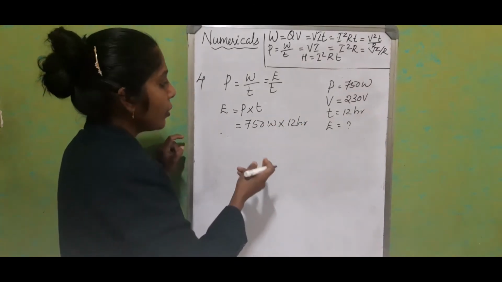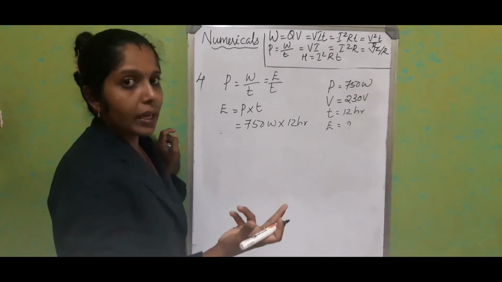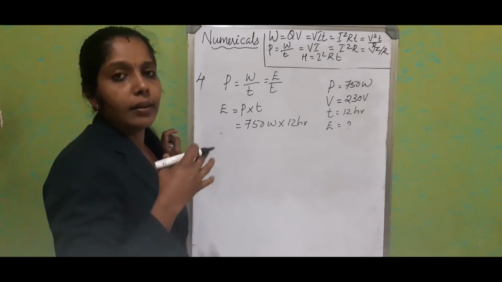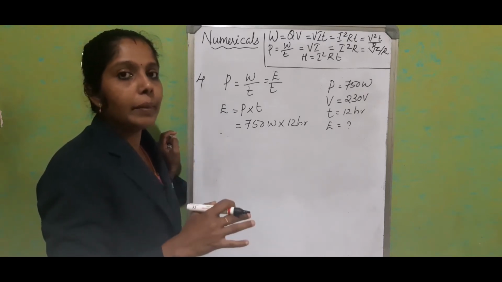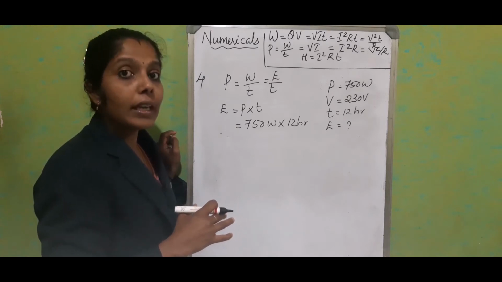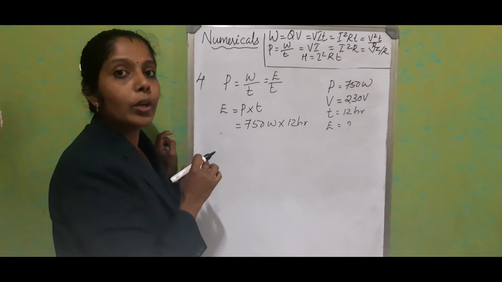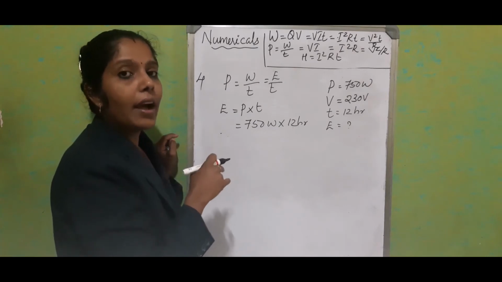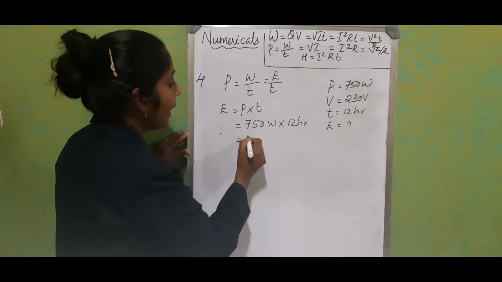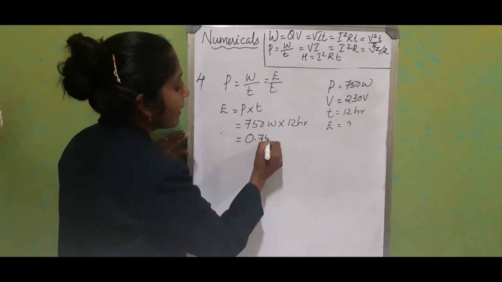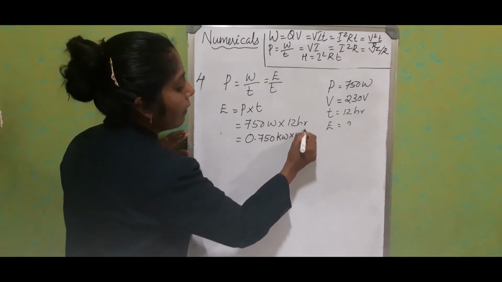We studied watt hour and kilowatt hour, so we can move on with either. Most of the time, energy consumption is mentioned in terms of kilowatt hour. So we can convert this watt to kilowatt by dividing it by 1000. So we get 0.750 kilowatt into 12 hour.